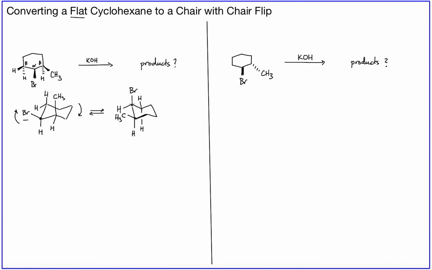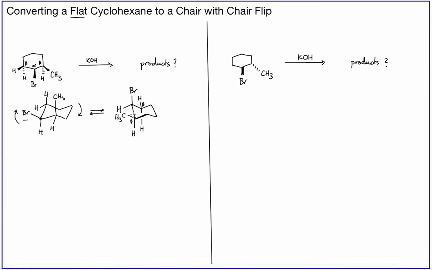So we have met the condition that our leaving group is now axial. So the elimination is going to take place from the beta carbon, beta, so we have two of them identified. And the elimination has to abstract an axial hydrogen.